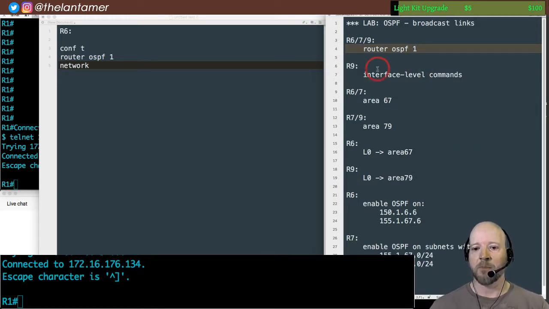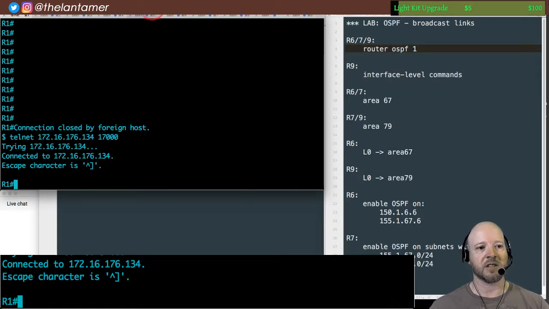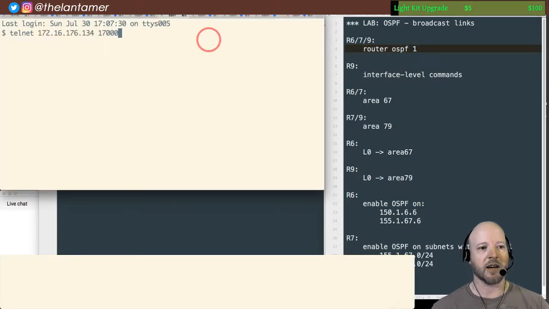So we're not going to necessarily process these requirements sequentially, right? We're looking at router 6, and we know that he's going to be area 67, but what links? Because that's where we're going to define the areas as well. We have to enable it on 150.1.6.6.